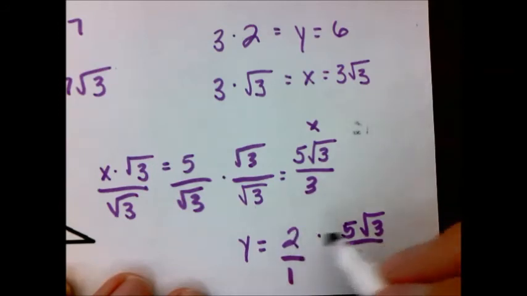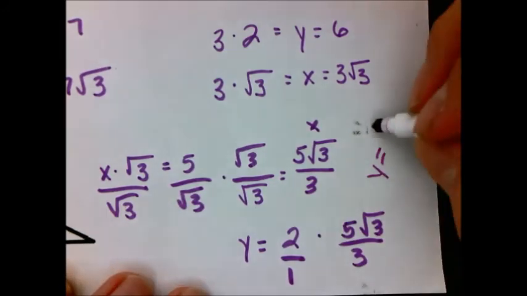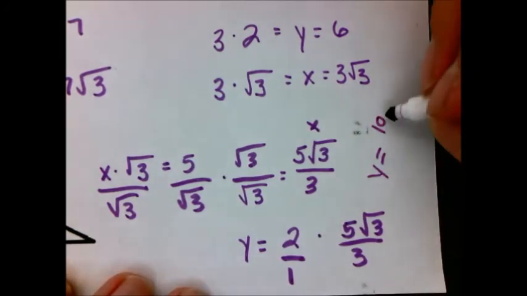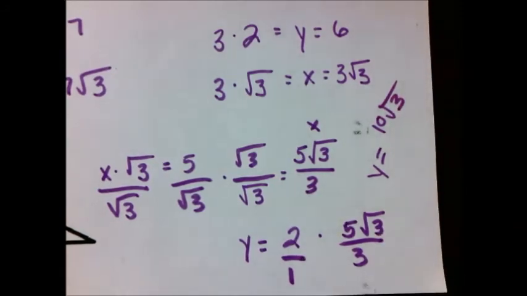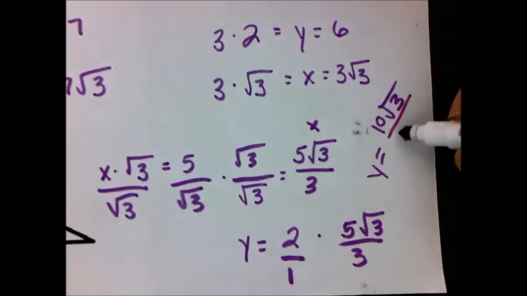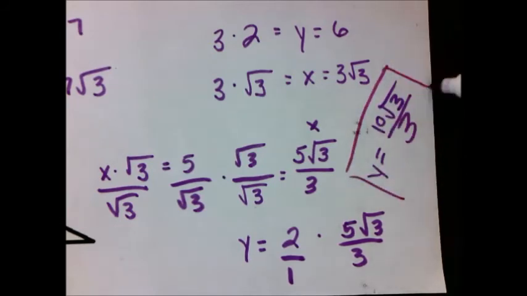So 2 times 5 becomes 10, so y is going to equal 10 square root 3, because we can only multiply the outside numbers together. We don't want to multiply under the root unless we have another root. Then we take 1 times 3, and we get 3. Final answer. So your x is 5 square root 3 over 3, and your y is 10 square root 3 over 3.